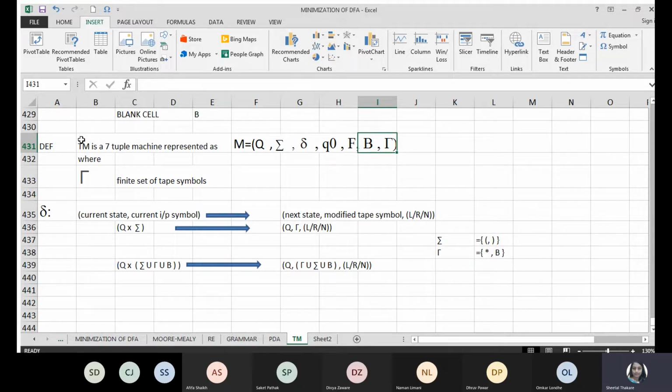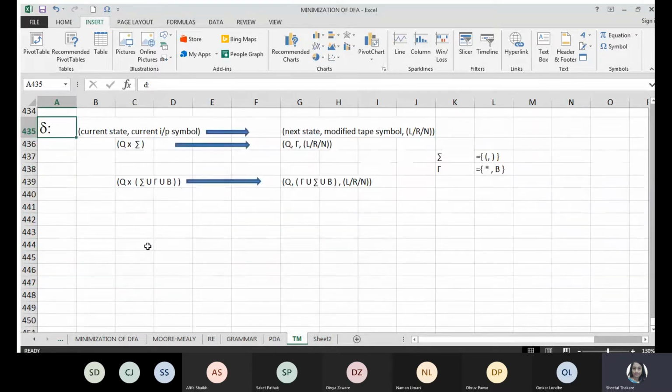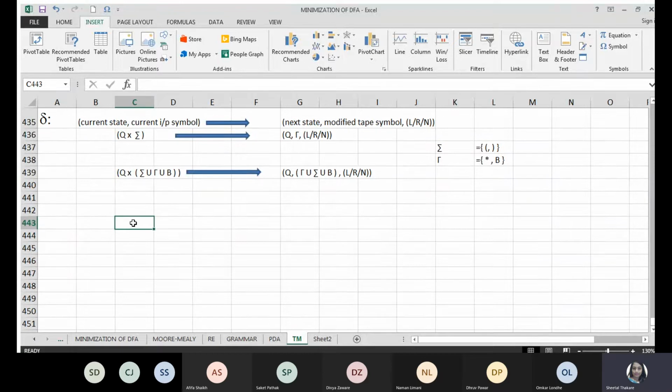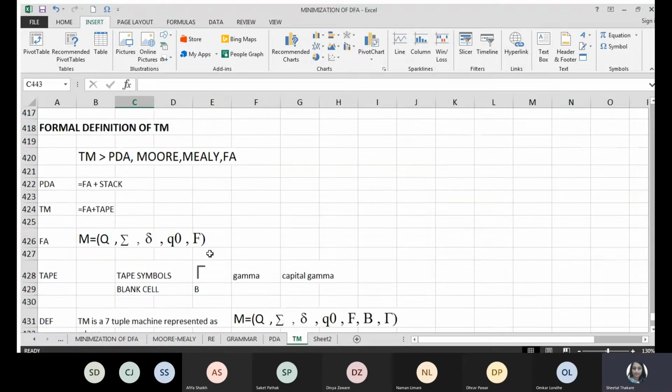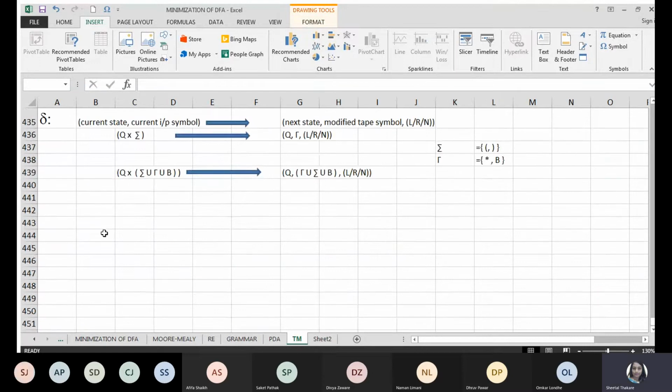Again we will repeat. Turing machine is the 7 tuple machine represented as M equal to these 7 tuples, where you are supposed to write the description of each and every tuple, like Q is the finite set of states, sigma is the finite set of input symbols, likewise, and then this is a must. Mapping of the transition function is a must. Then, as with all other automata, you must explain this with the help of one diagram.